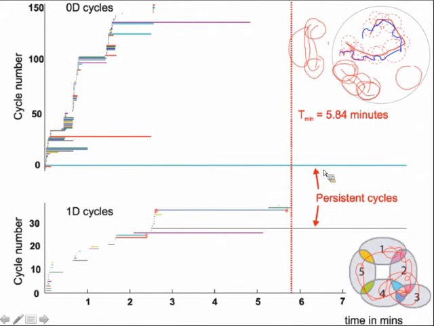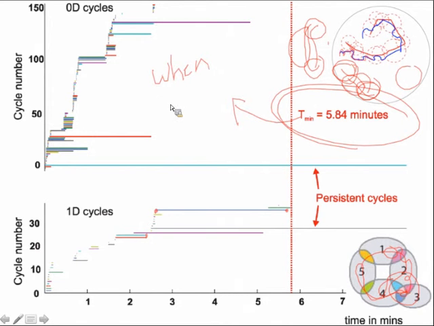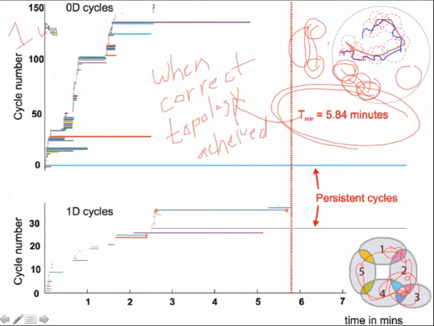Their main interest was in this T-min, which corresponds to when the correct topology has been achieved. In this particular example, we're looking at the one with one hole. For that, we need H0 to be 1.